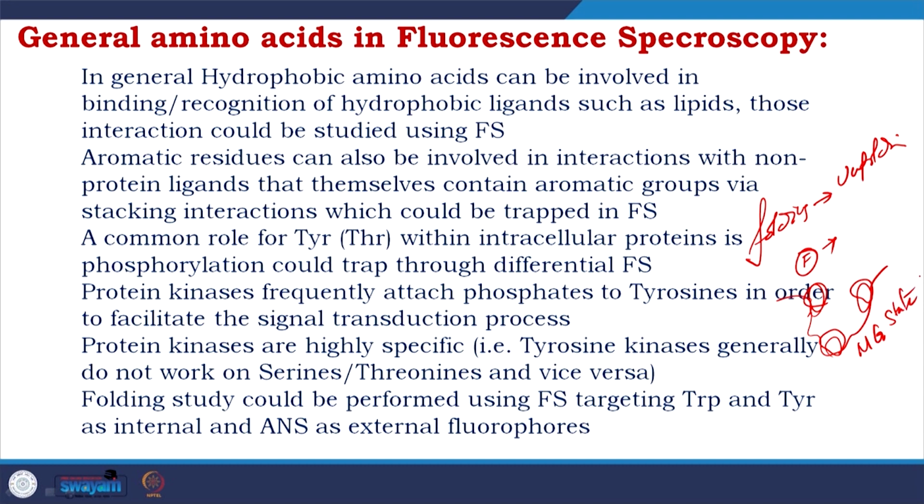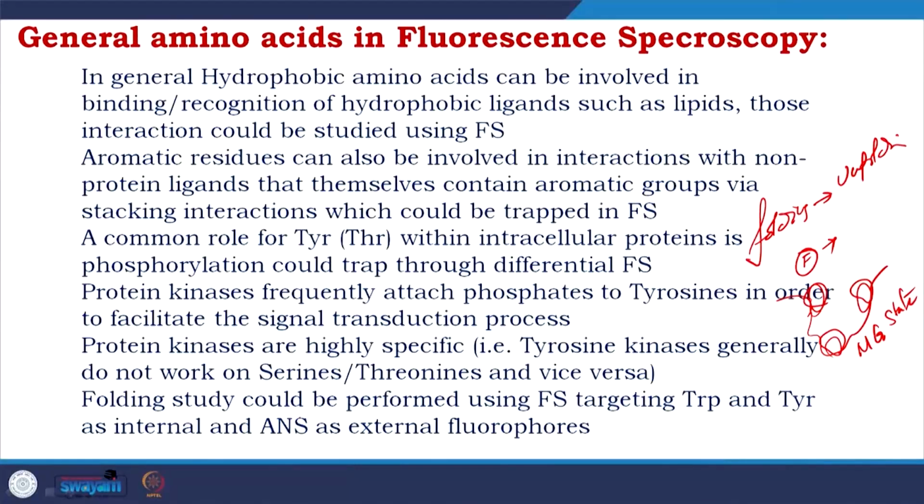If your protein is in a molten globule state, that could be very critical for the functional operation of the protein, and you could detect that with the help of ANS. How? You start melting your protein and then you add ANS.